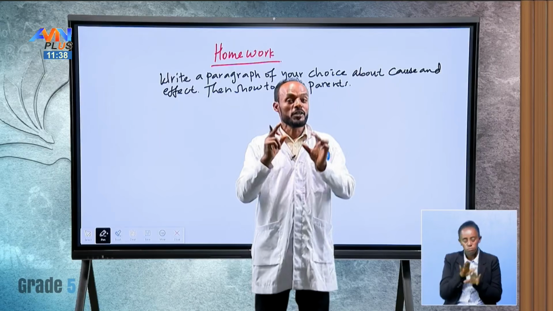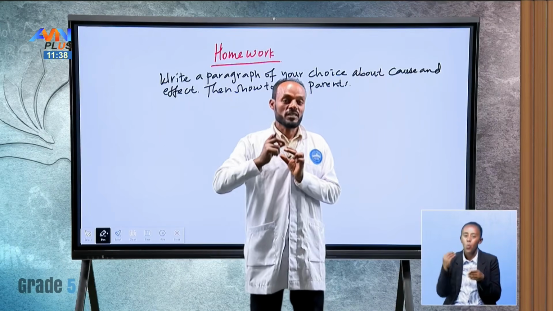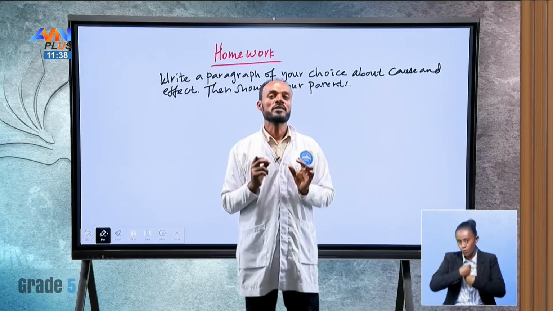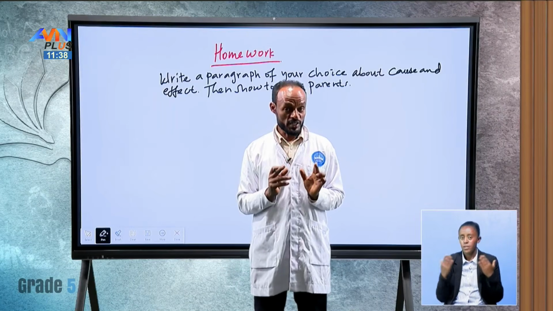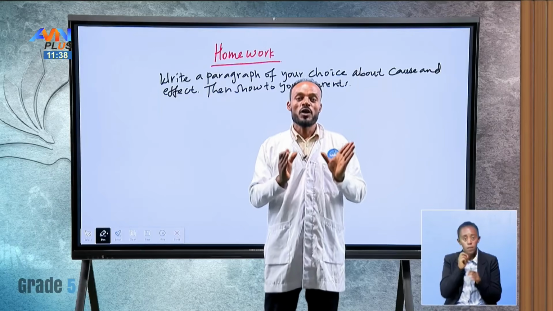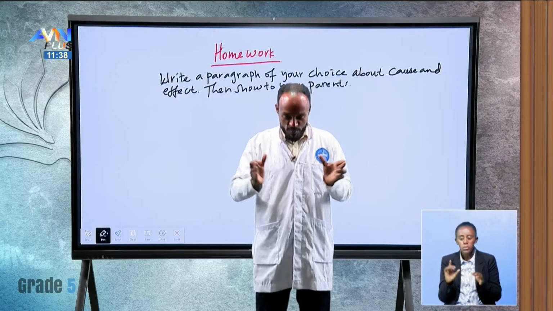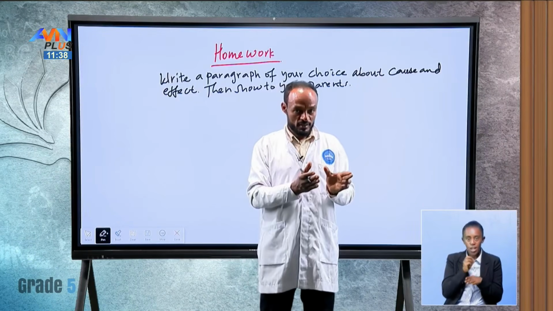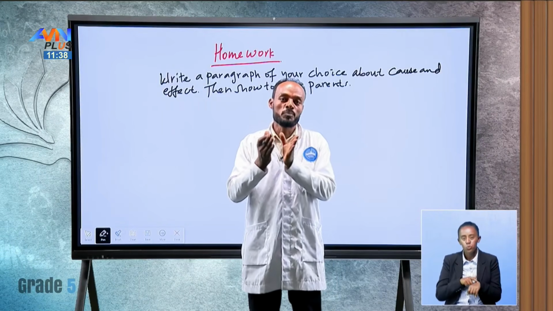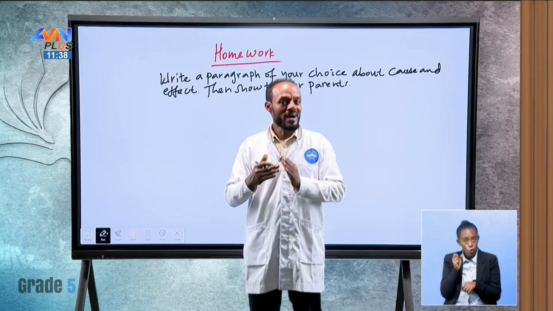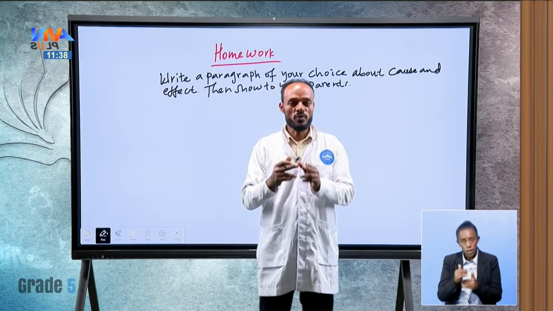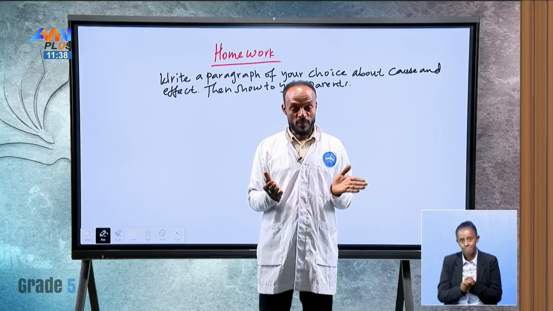It contains a topic sentence, supporting sentences, and a concluding sentence. When we're saying a cause and effect paragraph, we're talking about the relationship between cause and effect. At that time, we can use words like because of, as a result, since, consequently, therefore, and so forth. Am I okay?